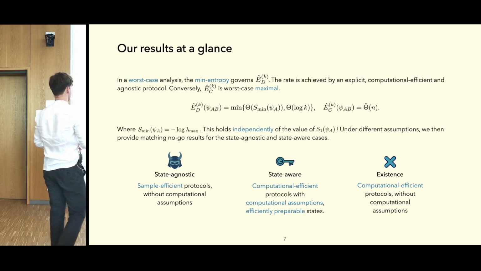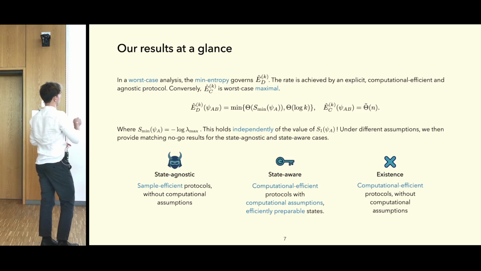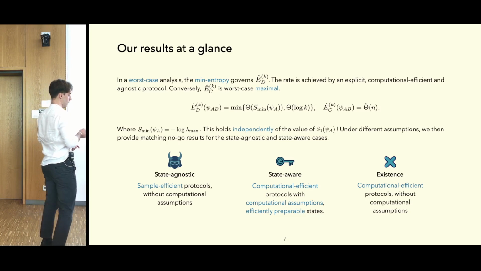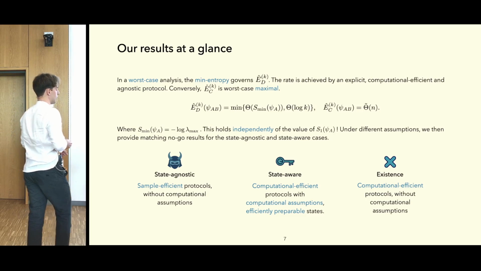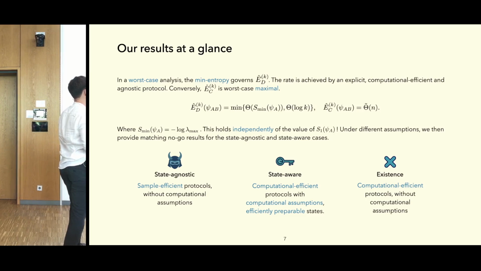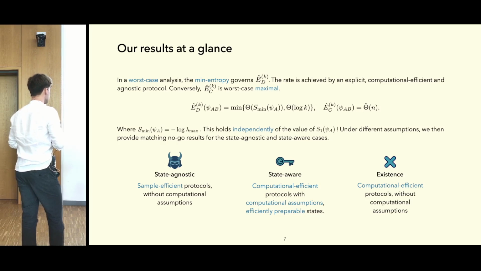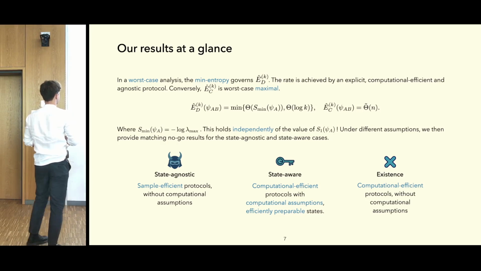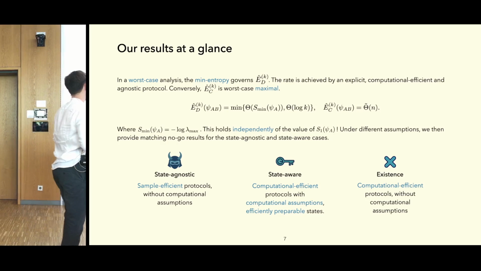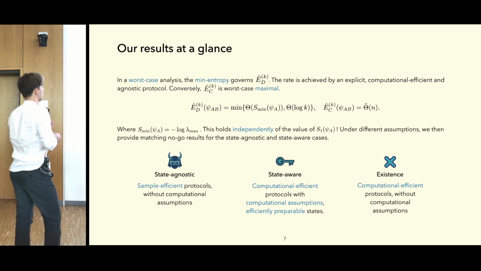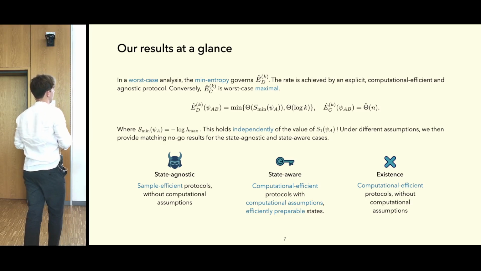And to go back to what I introduced before, this optimality statement goes into this existence scenario, which means that we prove that there is no better computationally efficient protocol that achieves this given rate. But we also have the state-agnostic scenario and the state-aware scenario. And interestingly, we prove that for these two settings, which seem apparently different, we get the same optimality bounds.